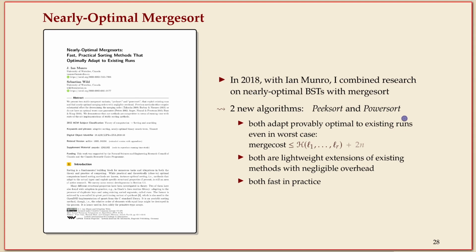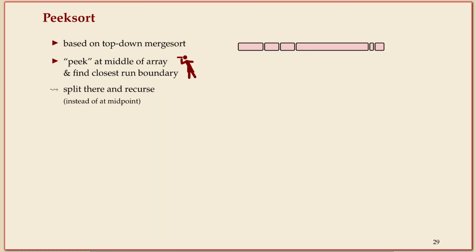And so we found two cool new methods that are much faster than and have nice properties compared to this top-down and bottom-up attempts that we've seen. Okay. Let me show you the first one, because that one is, I think, a little more intuitive. It's called Peeksort because it peeks in the middle of the array.